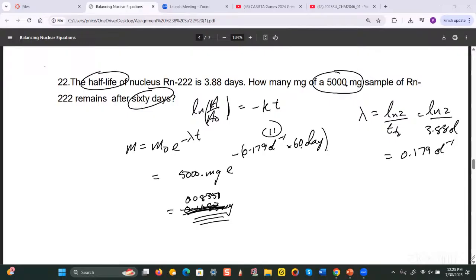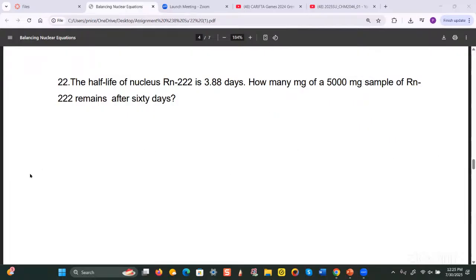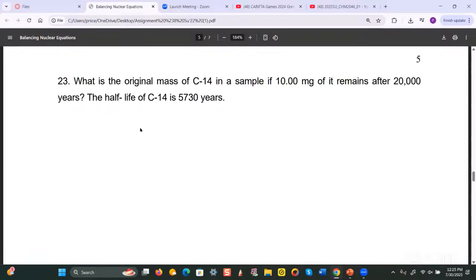All right, so let's continue. Let me clear this first. Scroll down. Okay, this one says, what is the original mass of C14 in a sample if 10 milligrams remains after 20,000 years? And again, it gives you the half-life of carbon-14.